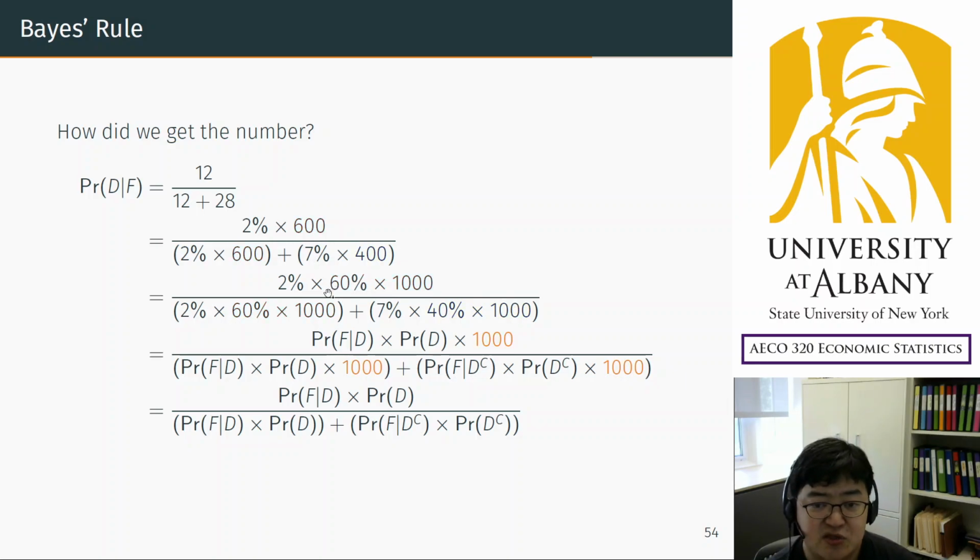And each probability is given in the question, but 1000 still remains. It does not matter because it will be cancelled out. 1000 will be cancelled out, and in the end, this is what we actually did in our process. This form is much more complicated.